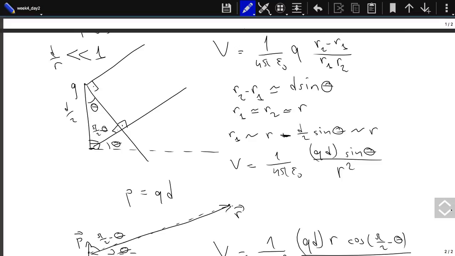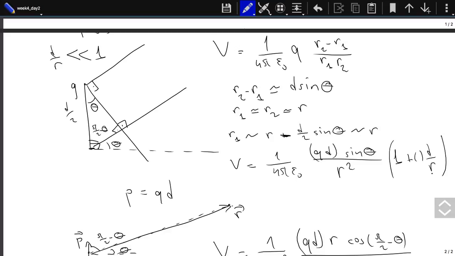Now, if I calculate the next term in this expansion, well, this is one. This is the expansion that I obtained. The next term, if I just consider this parenthesis, will contain some factor times d over r.